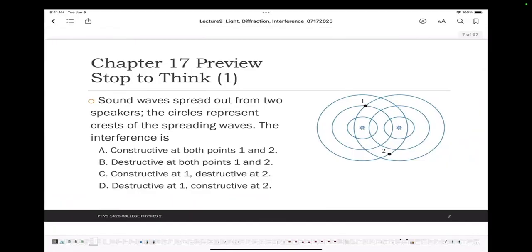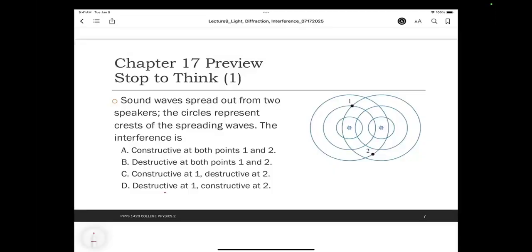Before we dive into chapter 17, let's stop to think about this question. Sound waves spread out from two speakers. The circles represent the crests of the spreading waves. Which option is right for the interference? Here there are two different sound sources, this is one and this is two.